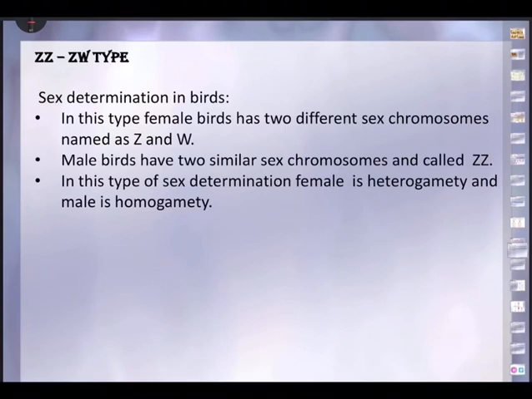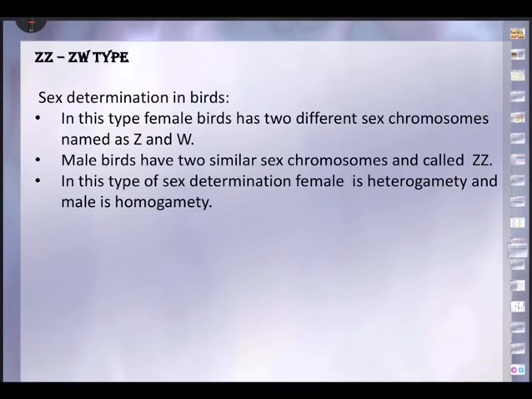We said the male will be having two dissimilar, XY. Here the female will be having Z and W. There it is the male that is having XY. Here the male is having two similar type of chromosomes, Z and Z. So in this type of sex determination, female is heterogamety, Z and W, and male is homogamety, Z and Z.